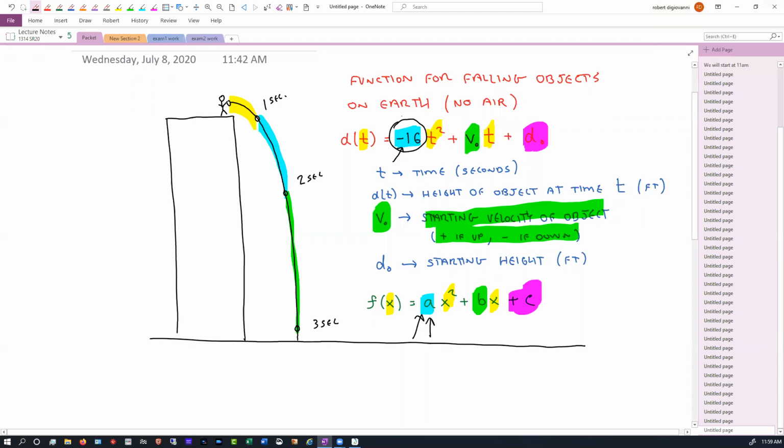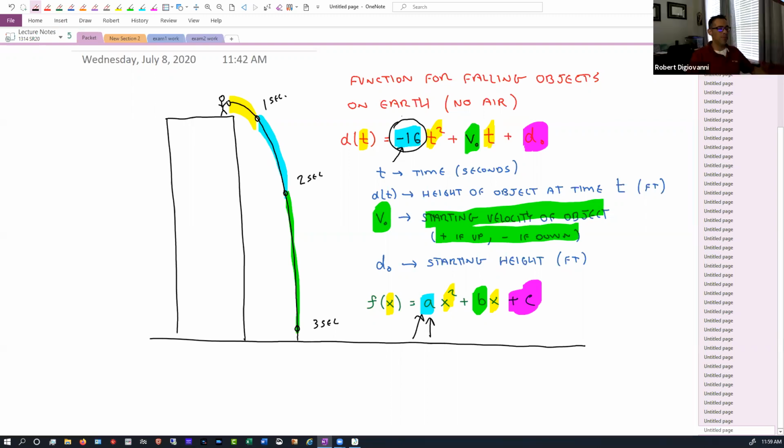Gravity. Gravity, exactly. It comes from the idea of the gravity of Earth. If we were on the moon, this number would change. If we're on a different planet that had a different mass, then the number in front would change. But that's all that would change. If you're talking about any planet with any mass, and you drop an object on that planet and let it go and start falling, I guarantee you there's a quadratic function that would model what's happening.